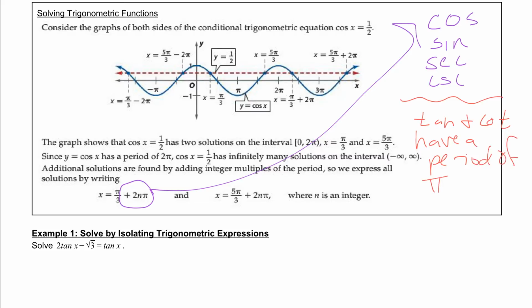So with your tangent and your cotangent functions, you will just be adding on pi times n instead of 2 pi times n. So on these four functions, you'll add on the 2n pi, and on these two functions, you'll be adding on just the pi n. Let's take a look at example 1 on how to solve.